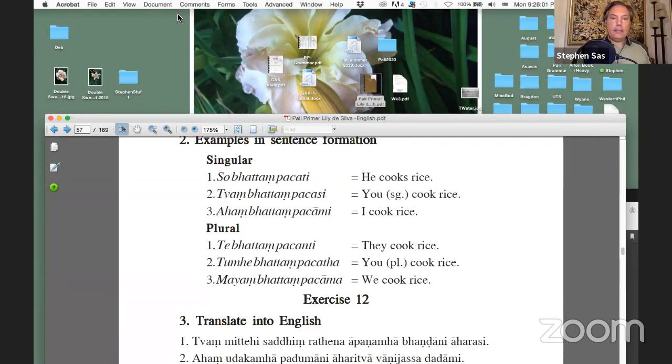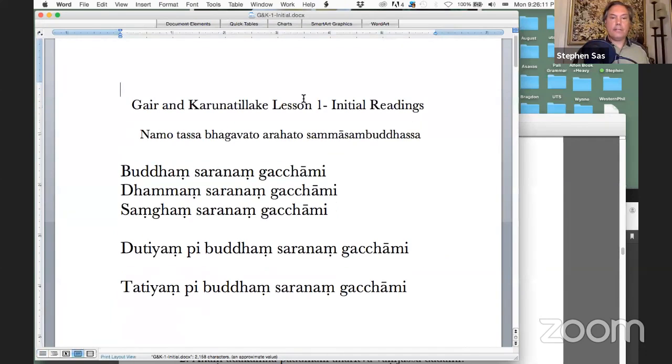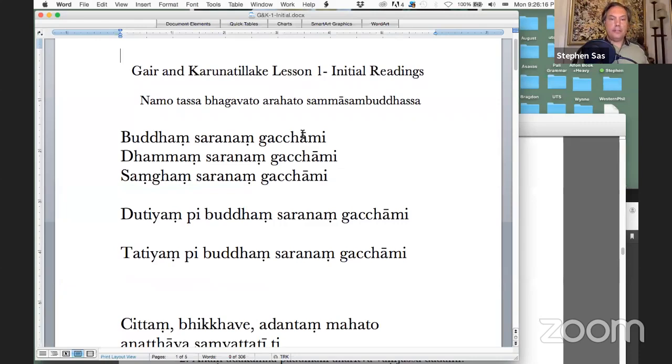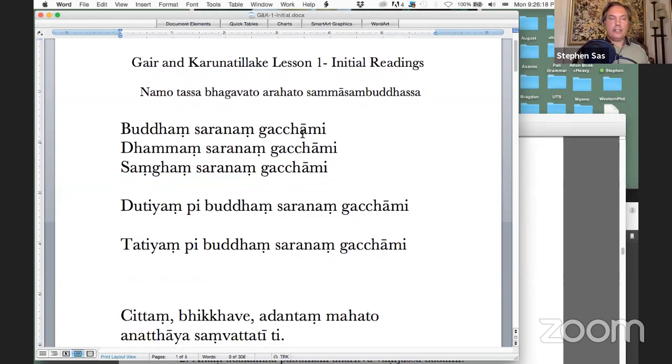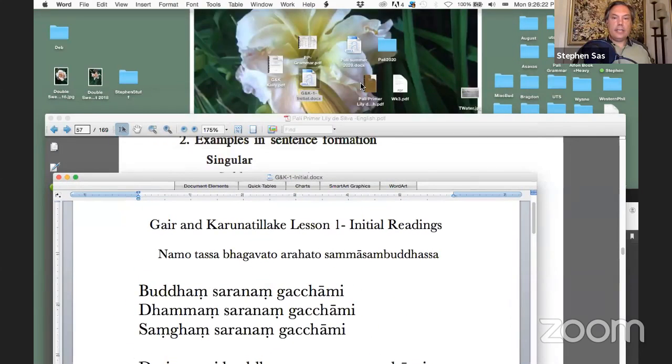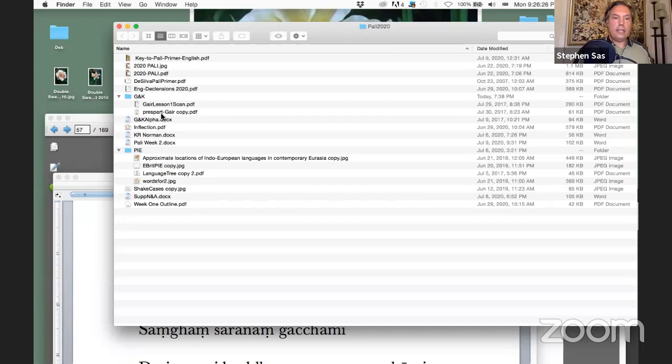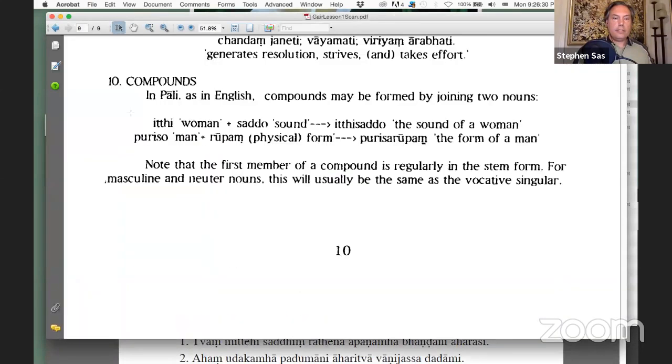But we can do something very close, which is I can give you a file which I have created, which is a word processing file, a Microsoft Word file of the readings, which might be helpful to you because you can adjust it however you see fit, as well as a scan of the grammatical explanations, which is here.